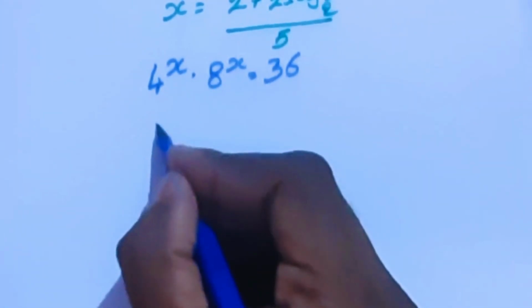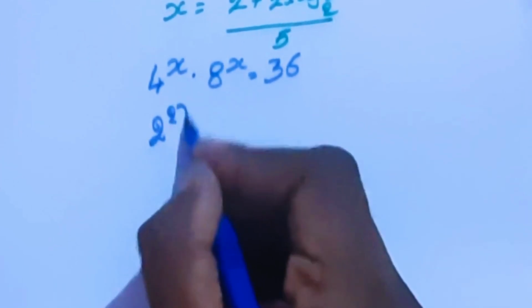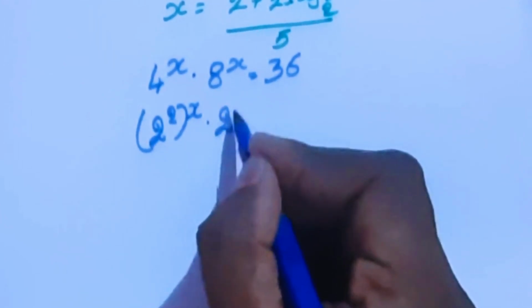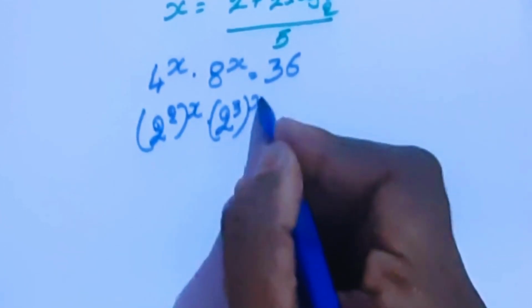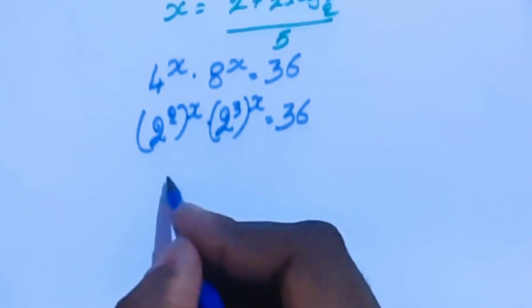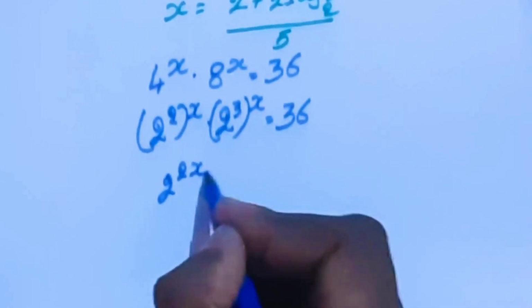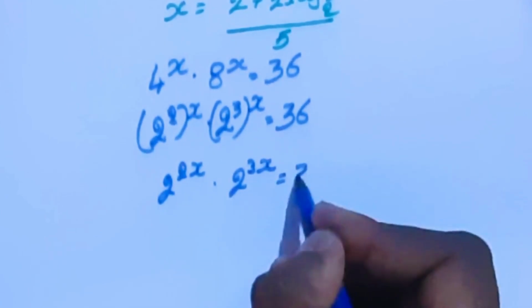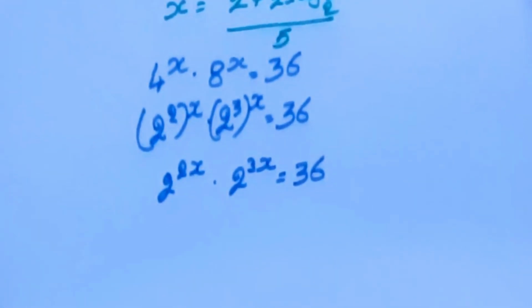Now we know that this 4 can be written as (2 power 2) whole power x times this 8 can be written as (2 power 3) whole power x equal to 36. Now this can be written as 2 power 2x times 2 power 3x equal to 36.